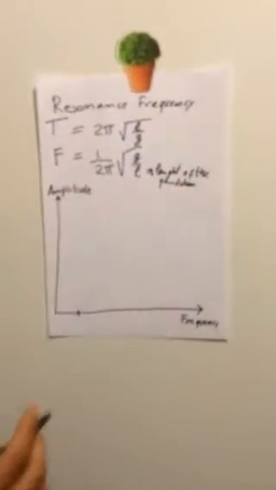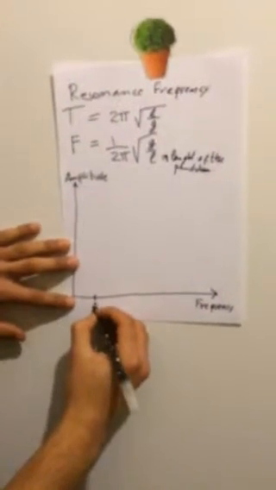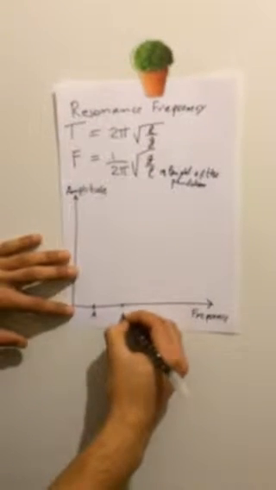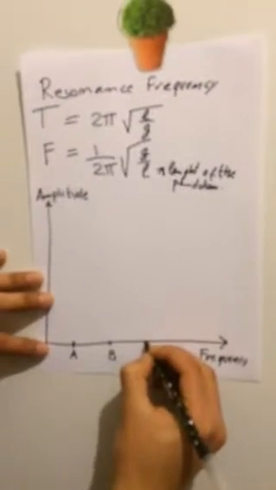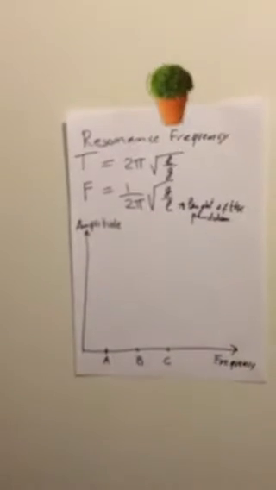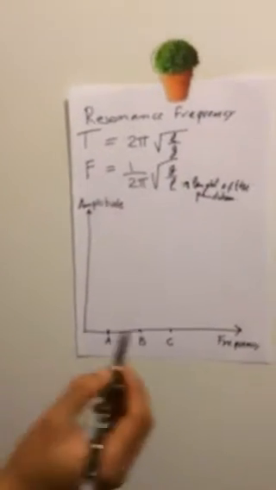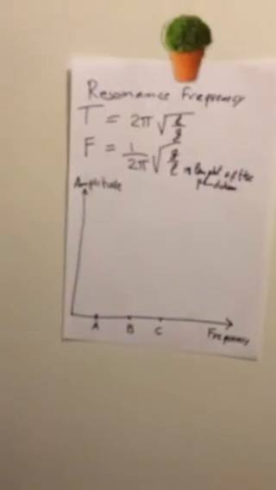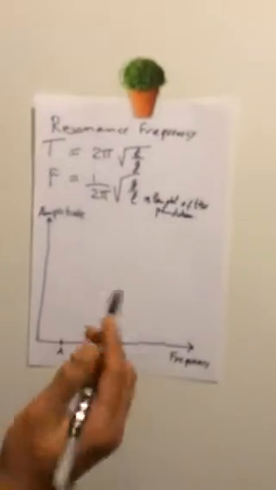So the first one should be there, the middle one should be there, and the shortest one, the last one, should be here, that is the smallest length, which has a bigger frequency.